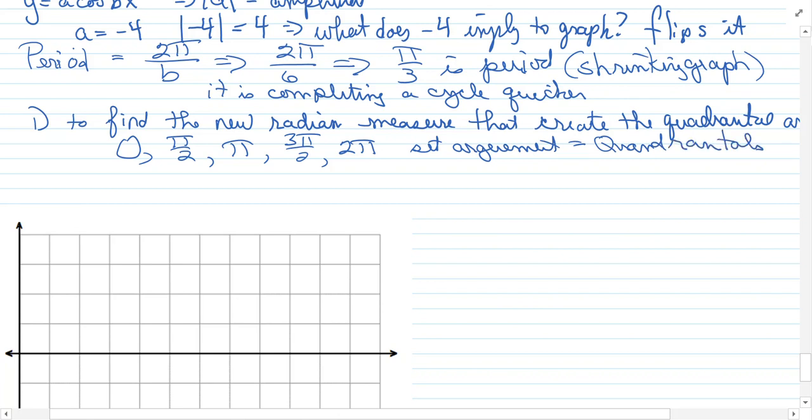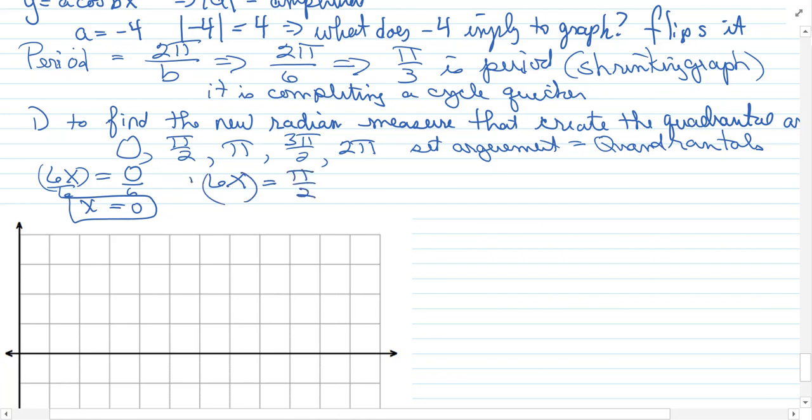All right, so let's do the first one. So in our function, we have our b is 6. Okay, so we have 6x equals 0. So I'm going to divide by 6, and I get x equals 0. That's our first one. Then the next one is 6x equals pi halves.